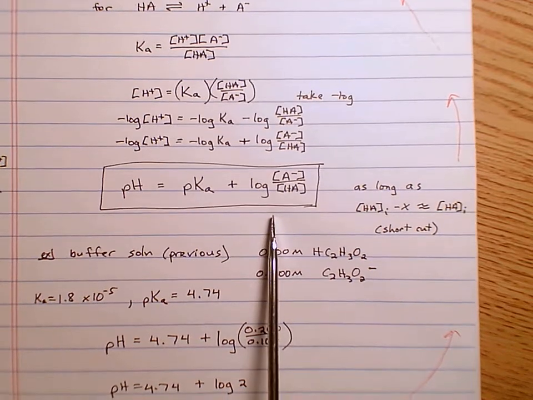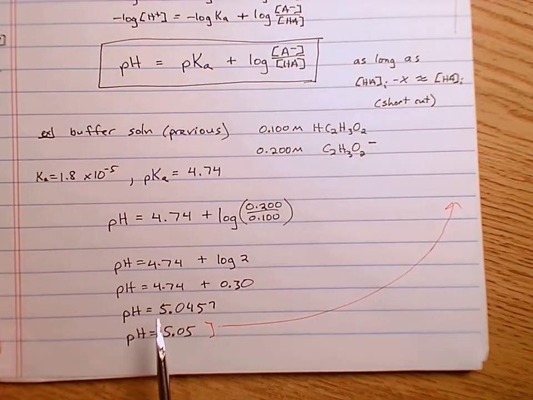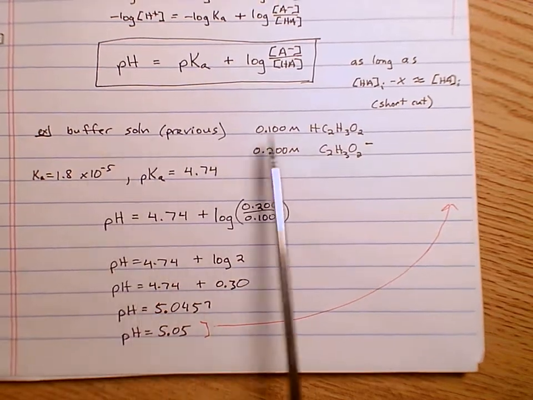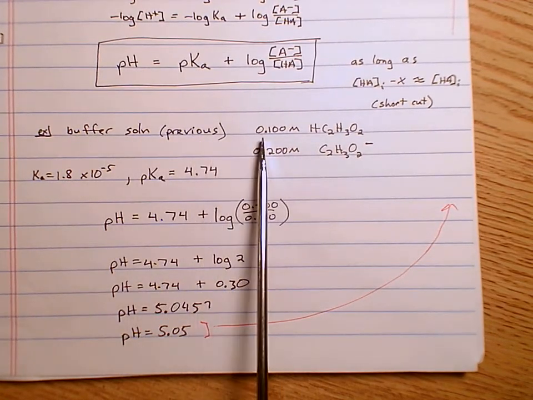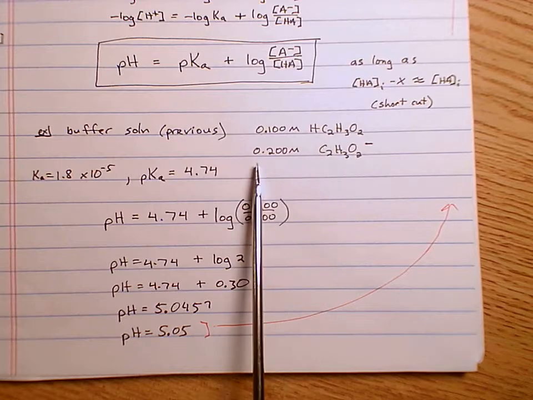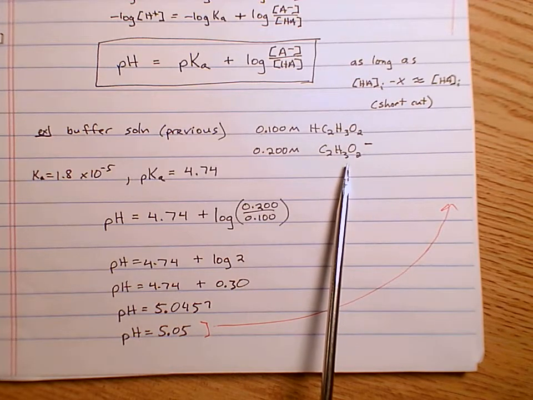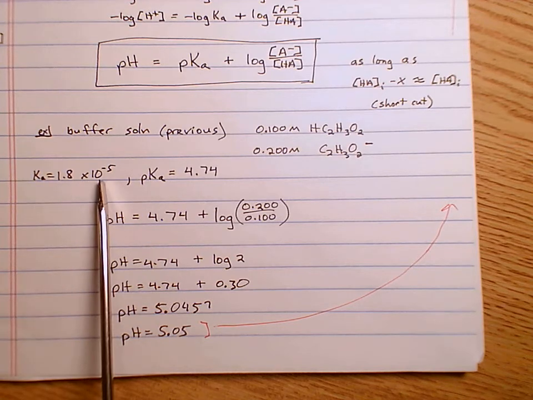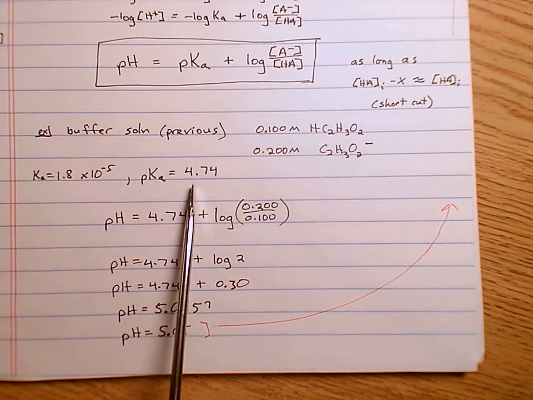Instead of going through the ice tables, let's look at something because we're going to see some happy stuff here. Remember our previous buffer solution. We had 0.1 molar acetic acid, 0.2 molar acetate ion. The Ka is 1.8 times 10 to the minus fifth. You just take the negative log of that, you get the pKa, that's 4.74.